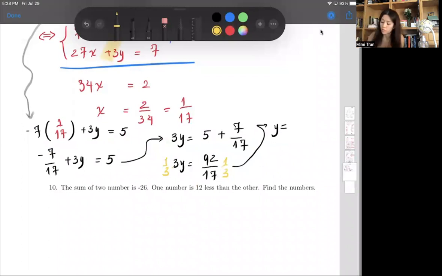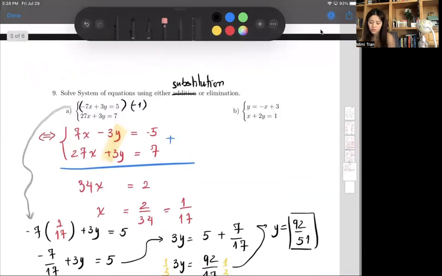Yeah, 92 over 51. Did I do something wrong? Oh, the numbers are so weird. If I multiply 34 by 1/17, yep, nothing wrong with it. So far, so good.